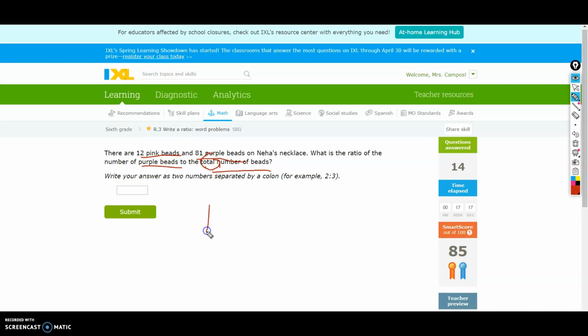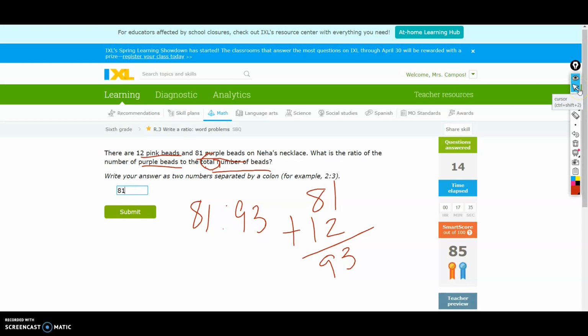So we want purple first, so that's the 81. And then the total would be 81 plus 12. So when I write it, I need to write 81 to 93. So you're going to have to use the colon, which is over by the L button, and you're going to have to hit shift.